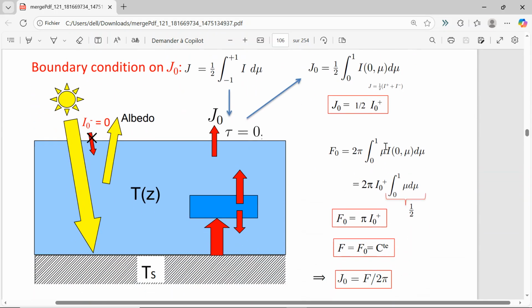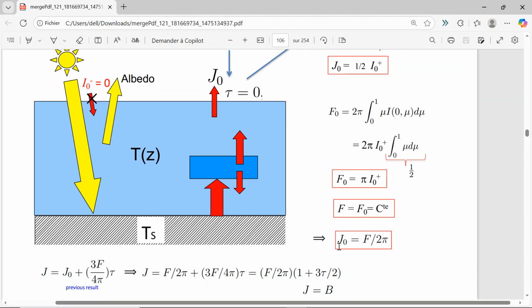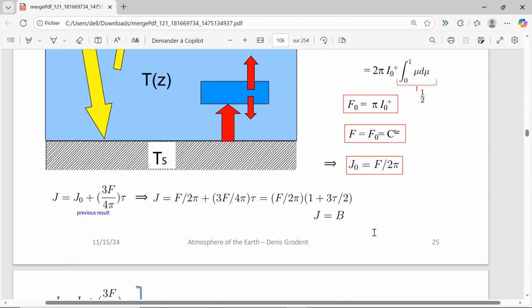So we can introduce it in the expression in order to find the initial flux. That is 2 pi I0 plus divided by 2, which is pi I0 plus, which is constant. So the initial flux is the final flux too. So we find that the mean radiance is I divided by 2 pi.